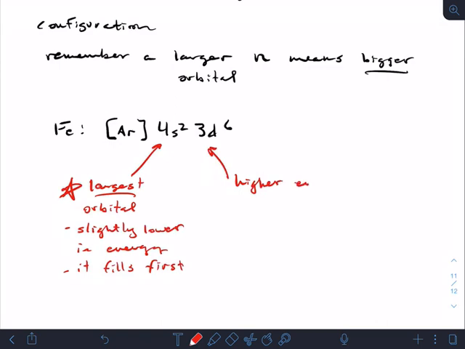My slightly higher energy shell, the 3d, is an inner shell. N equals 3 versus n equals 4.